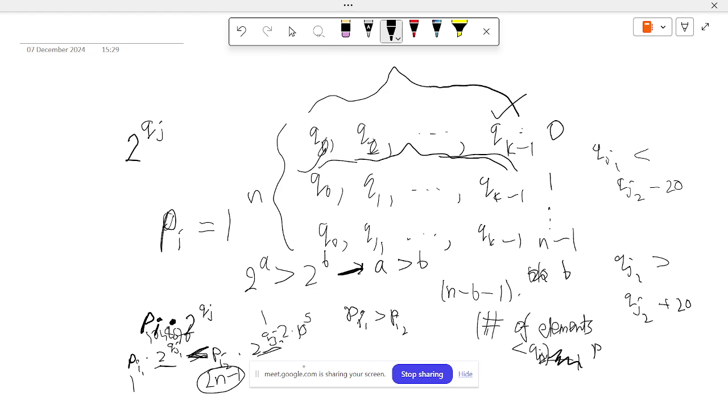So basically, for each j, for each power of 2, there are only a certain number of powers of 2 that you need to check, because for each j you only need to check powers that lie in the range j minus 20 to j plus 20, because all the rest already have a deterministic outcome.